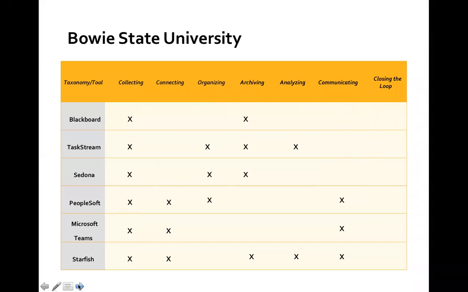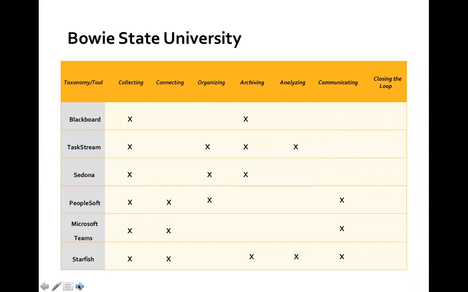Could you distinguish communicating versus closing the loop? Sure, we'll give you, John, the handout. Communicating is more like sharing across the web and in other formats what it is you want students to learn and what the results of the learning were. Closing the loop is when you actually take the data and apply it to creating an intervention to improve student learning. And of course, you'd want to communicate about that too.